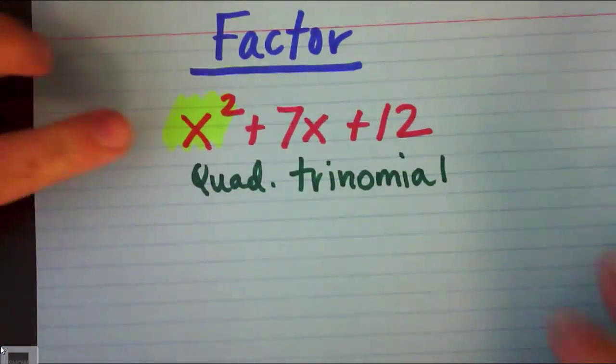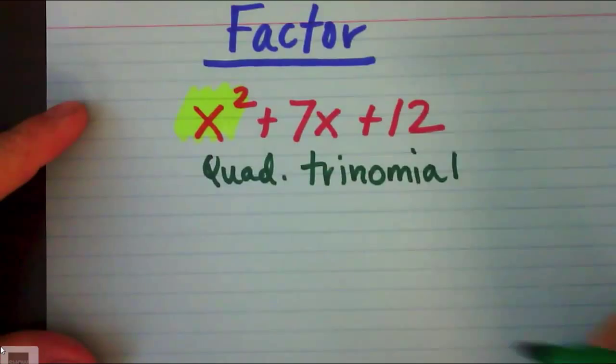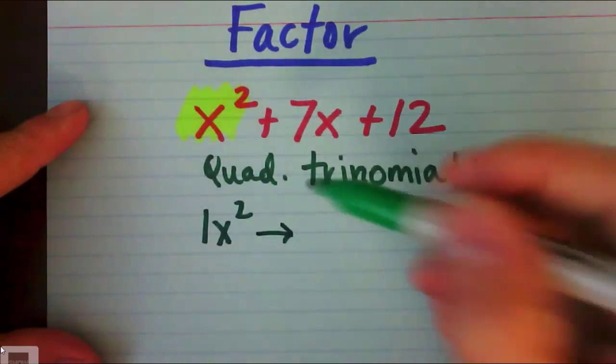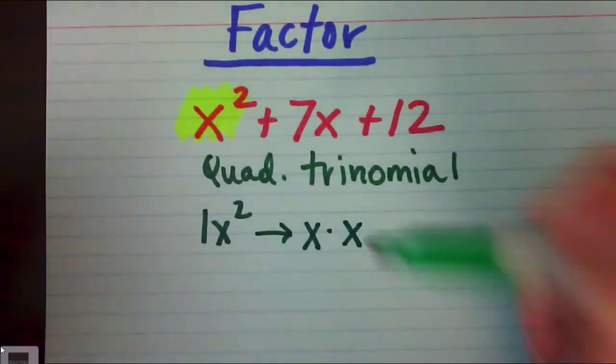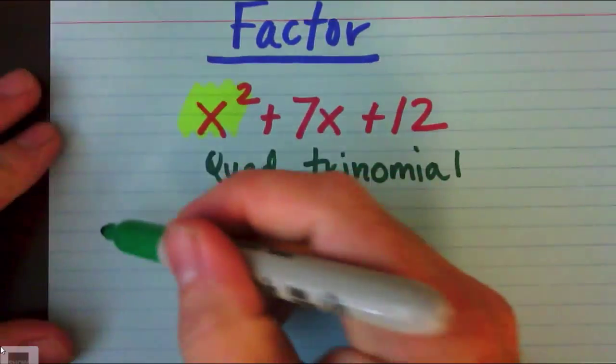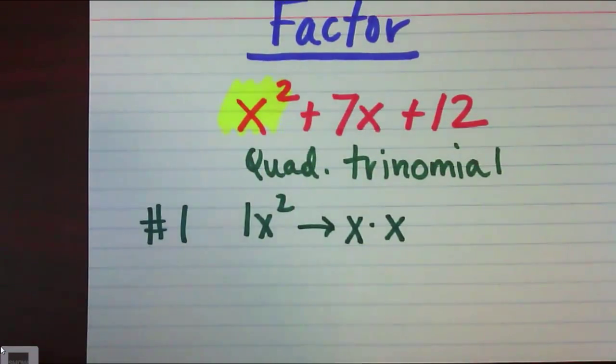Well, the thing you got to look at is, well, there's a 1 in front. Well, what are all the ways to multiply to get 1x squared? Well, the only way to do that is to multiply x times x. That's the only way I can multiply to get x squared. That is step number 1 from note card number 12.